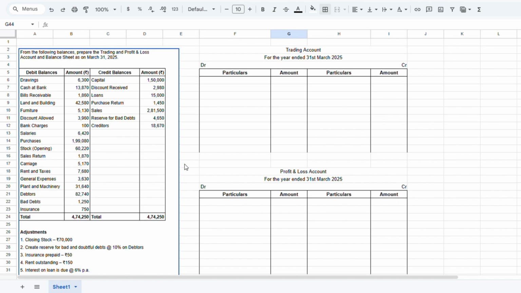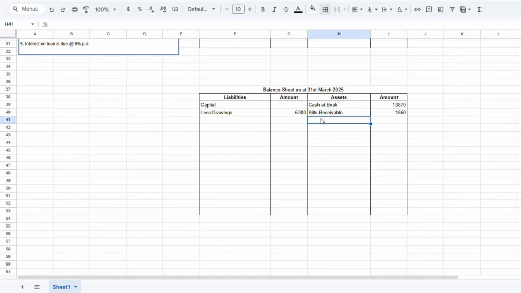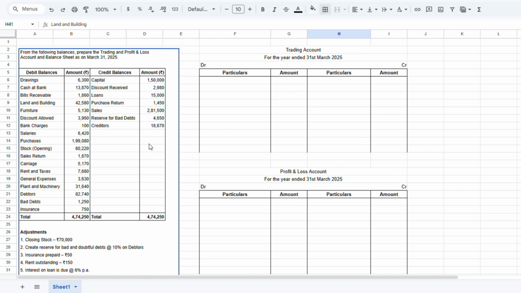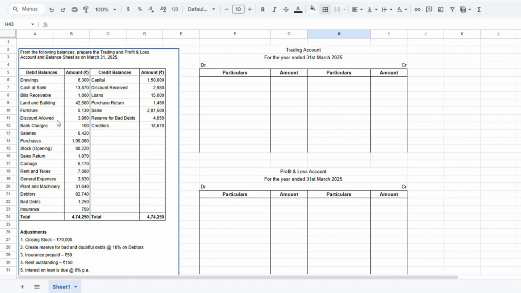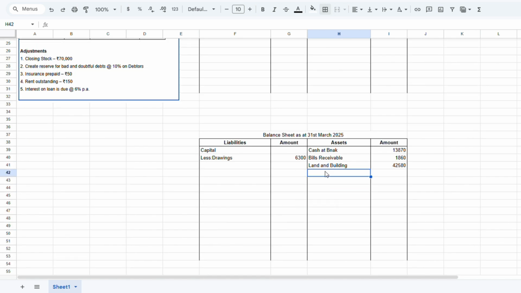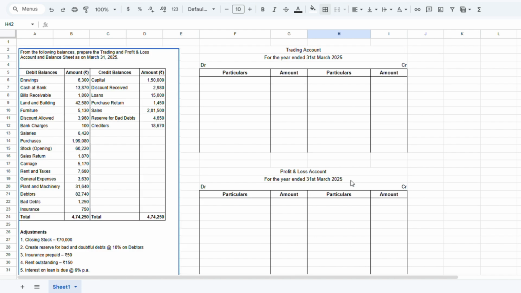Land and building 42,580. Land and building 42,580. Furniture 5,130. Furniture 5,130.